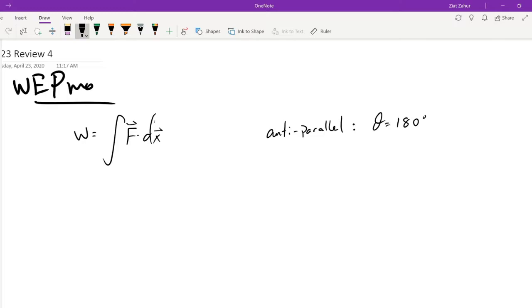Yeah, so good. And recall that a dot product gives you a scalar quantity.